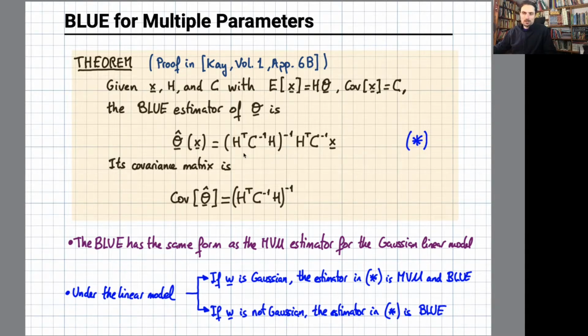If the noise is Gaussian, then there are two criteria that support our estimator. If the noise is non-Gaussian, at least we know that this estimator is the best among all linear and unbiased estimators.